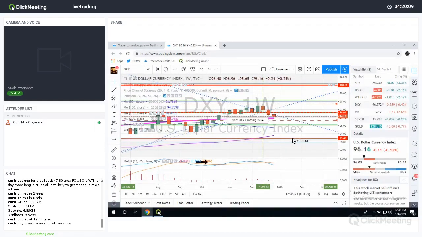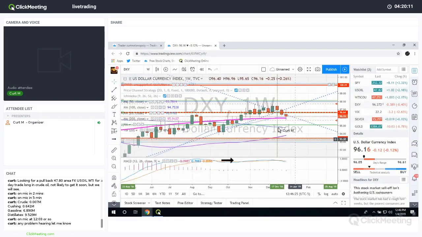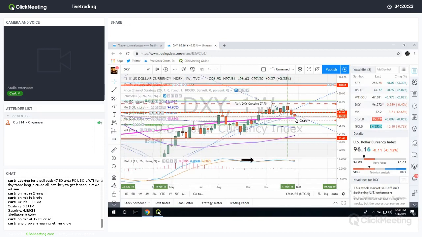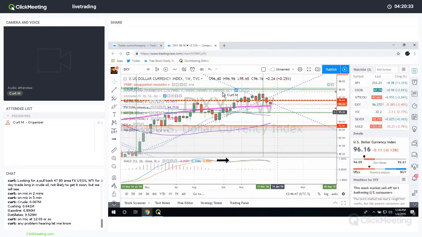You can see how it's testing the 200 MA on the weekly, the support. And you can see how it came in just perfect into this time cycle here. So where those diagonal lines cross, that's a perfect hit. So right now it's pinching between the 200 MA and a downtrending trend line.